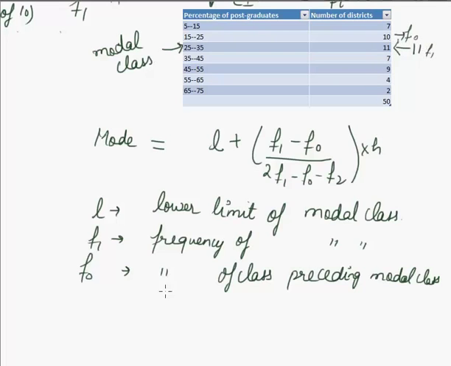Similarly, for F2, it is frequency of class succeeding the modal class. Now class succeeding the modal class is 35 to 45, therefore F2 will be 7. Now the H, as we have studied earlier, is class size.